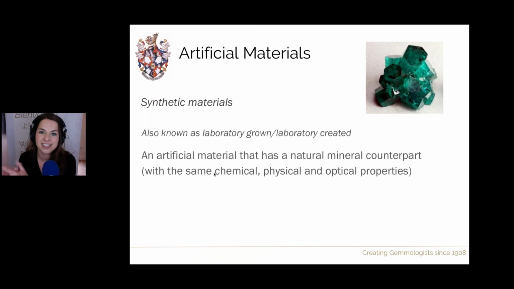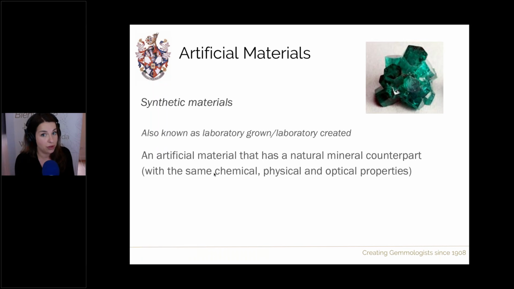So the same luster, the same ability to produce fire, so the same dispersion. Everything is the same.